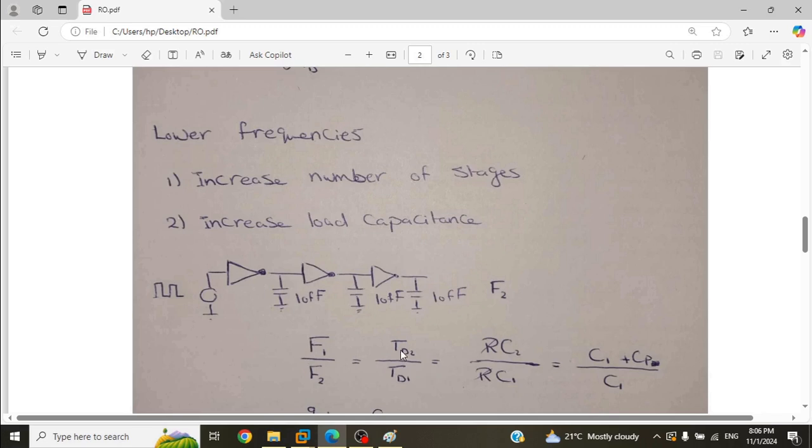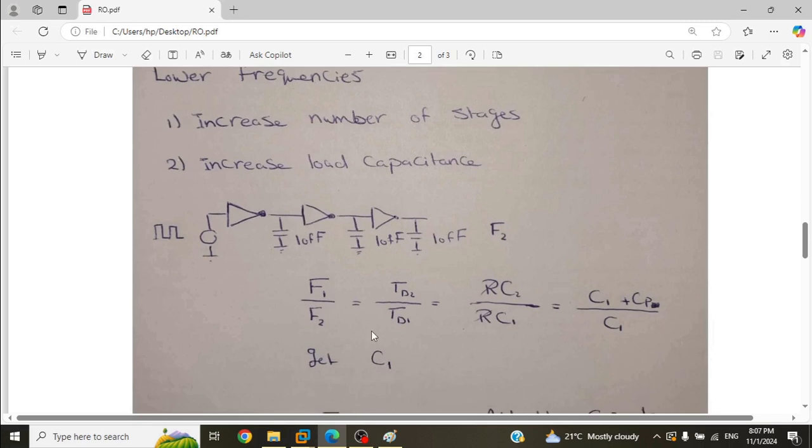We already mentioned before that the delay time is a function of R and C. Since we haven't changed any sizing, the R is the same, so they are going to cancel out, and we have just the C. The second cap is the total capacitance: the capacitance we have added before, and the parasitic capacitance. Then we need to get this C1.